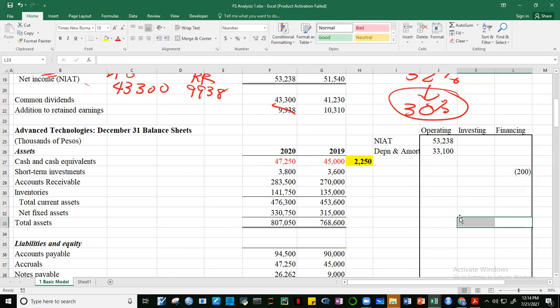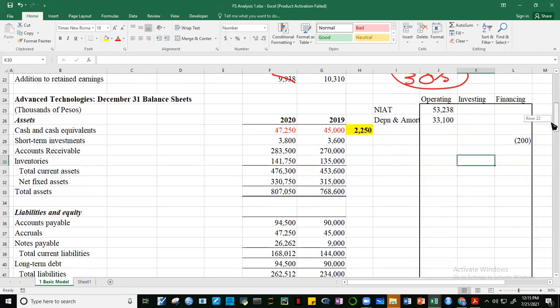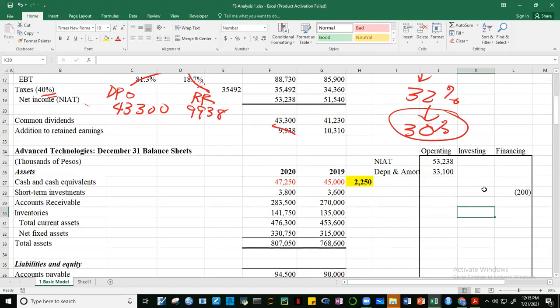Okay. Alright? Tama na ba? Comments, guys? Sir, may parenthesis pa rin po. Bakit ganun? Negative F28 plus G28 na gawa ko.